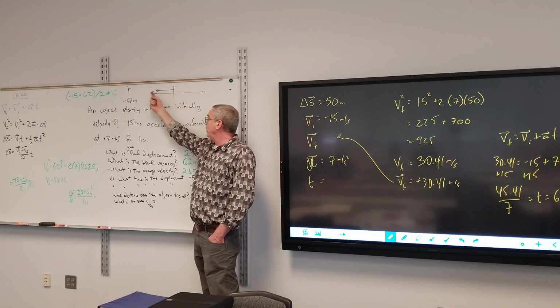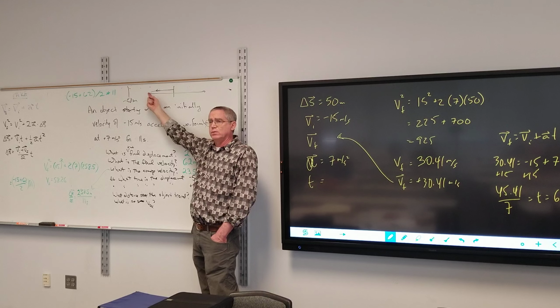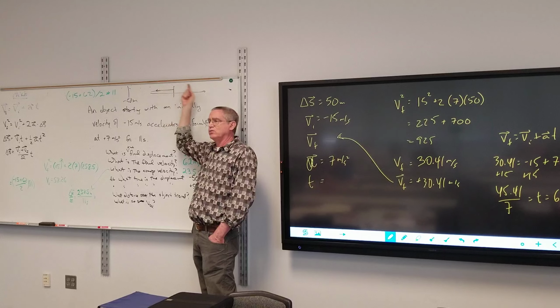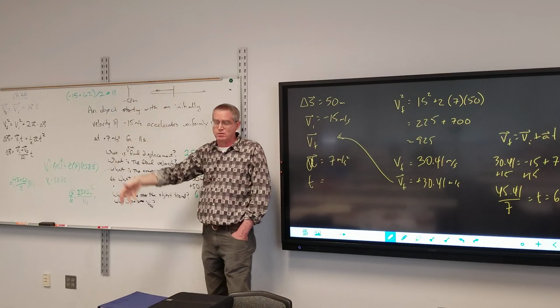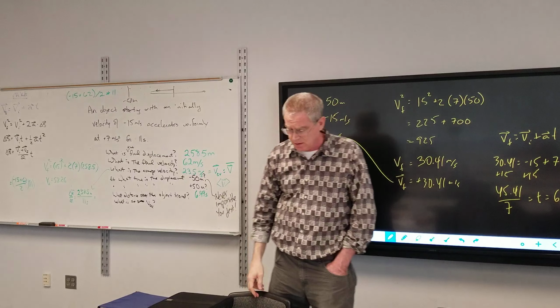So he goes to the left. I need to figure out how far to the left he goes. Then he goes to the right. So if I can figure out how far he goes to the left, the rest of it is just a matter of thinking and addition.